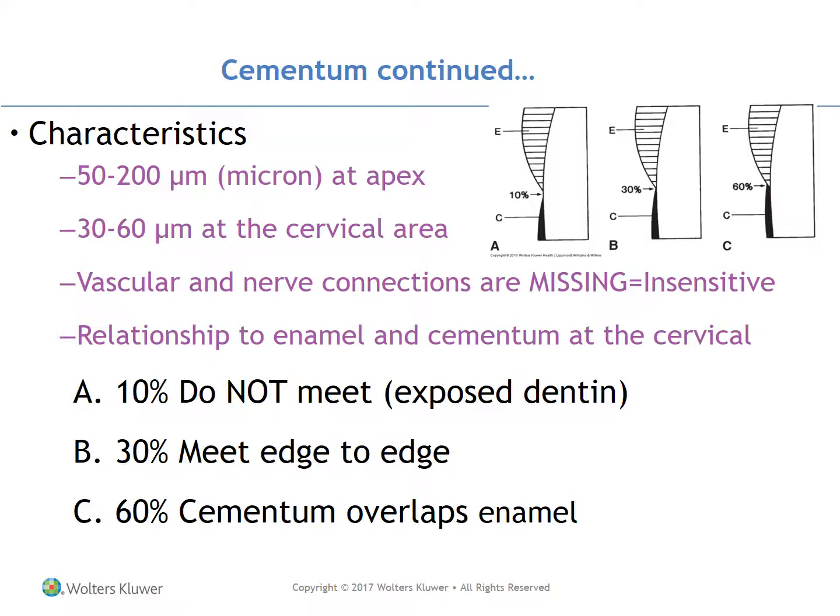Then we have 60% where the cementum overlaps the enamel. So which of these three are going to have the most sensitivity? That's going to be group A with that exposed dentin, right?